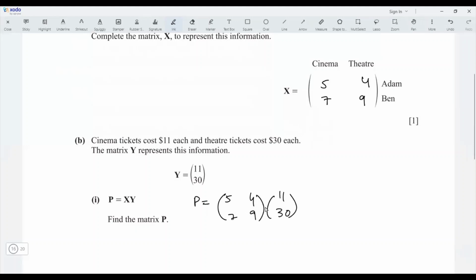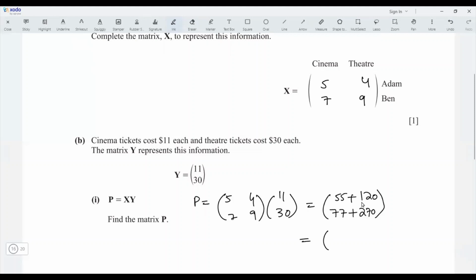Starting from the first row and first column, 11 times 5 results in 55, and then, continuing the same row, we add 4 times 30, which results in 120. Shifting towards the second row, because there is no second column in the second matrix, 7 times 11 is 77, then plus 9 times 30 results in 270.